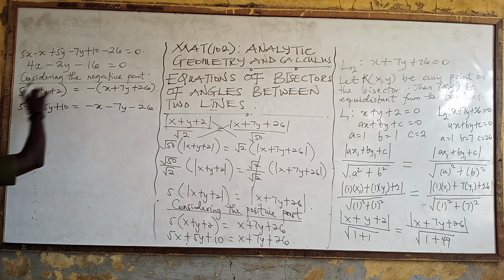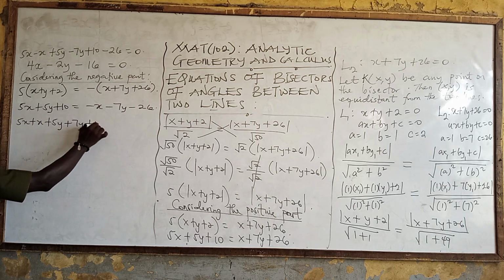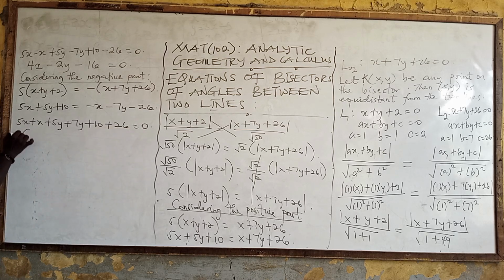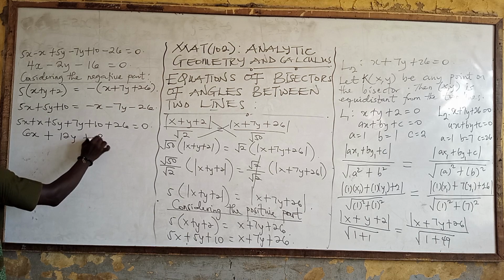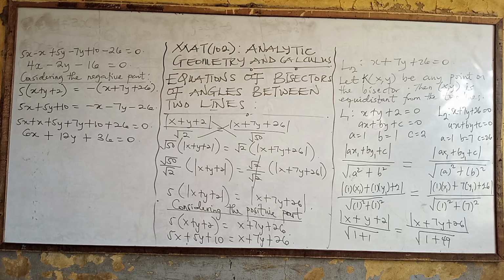So we group like terms. Send all these terms to the left hand side. So I get 5x plus x plus 5y plus 7y plus 10 plus 26 equals 0. So I have 6x. Then I have plus my 12y. Then plus my 36 equals 0. So we have the equations of the two bisectors here.